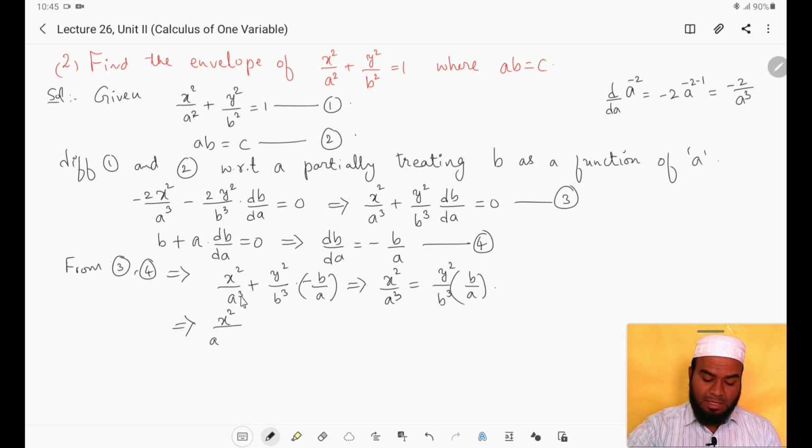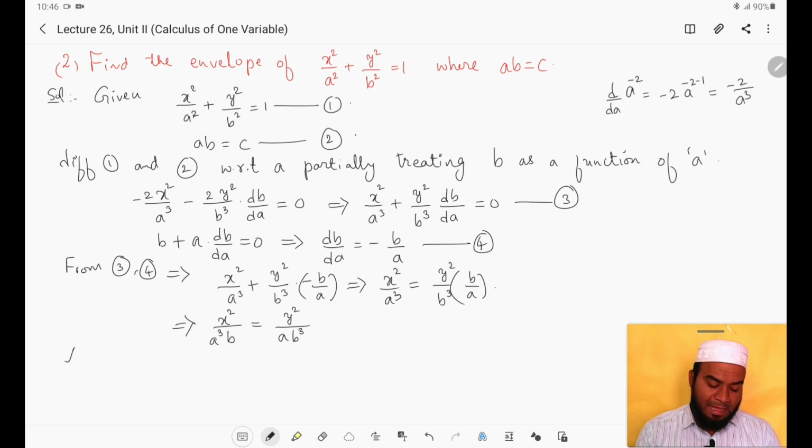You see here, this is a cube, so a cube as it is, then x square by a cube into, you bring this b this side, what will happen? a cube b equals to y square by a b cube we will get, right?